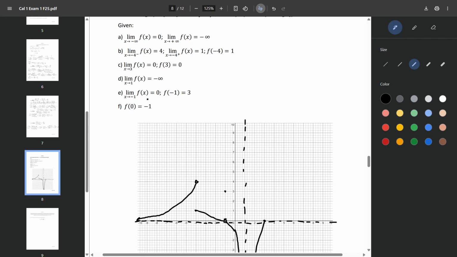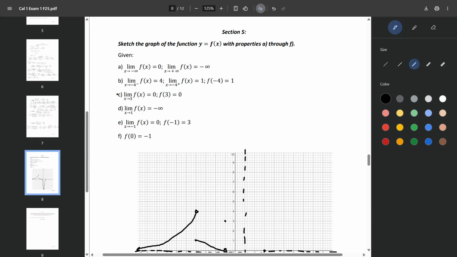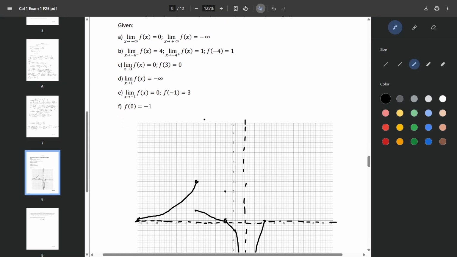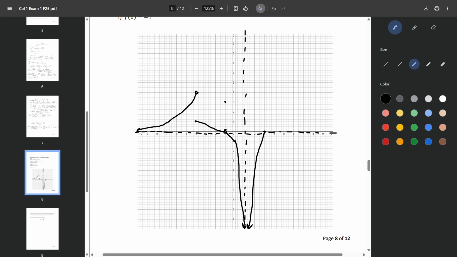We know this is approaching from the bottom also because C says that the limit of x approaching 1 from both sides is approaching negative infinity. So that's why we know that the left and the right side are both going to negative infinity.